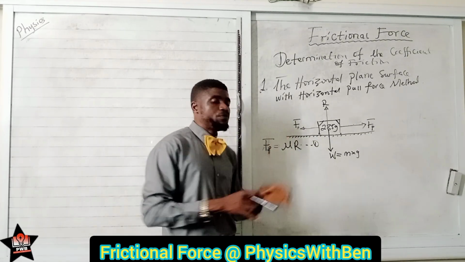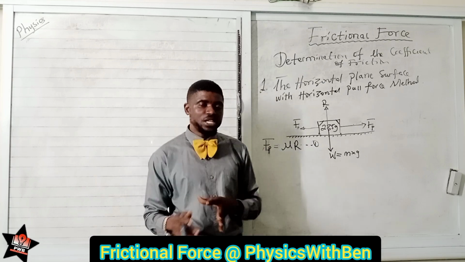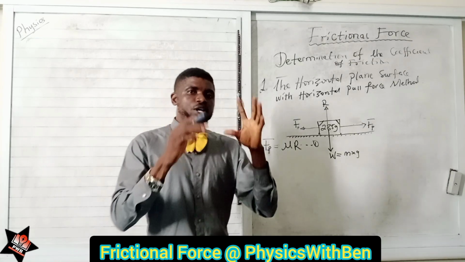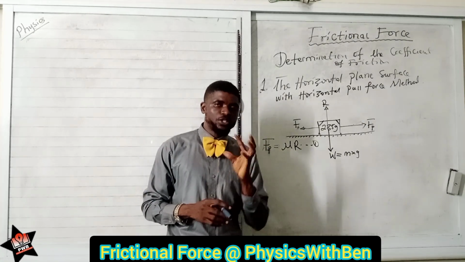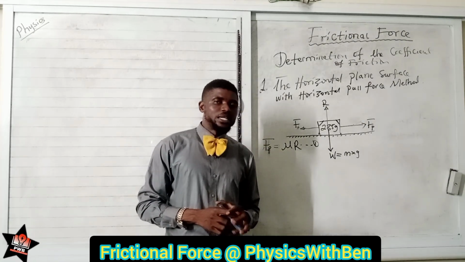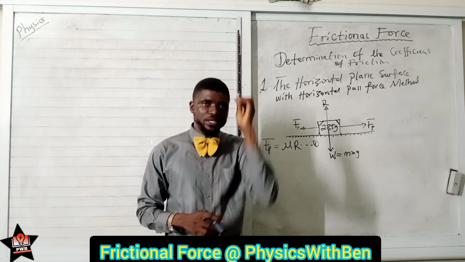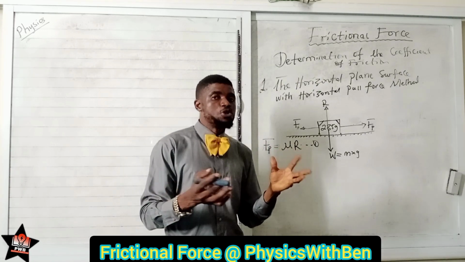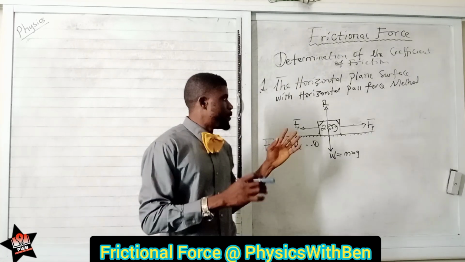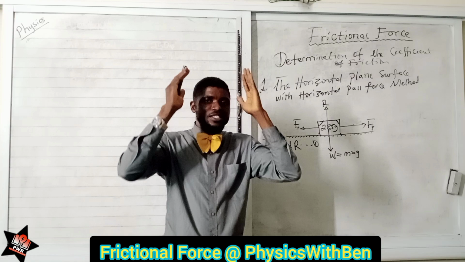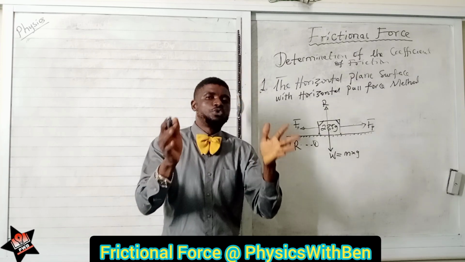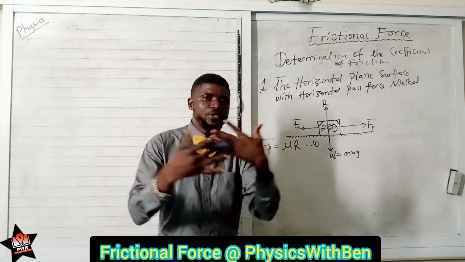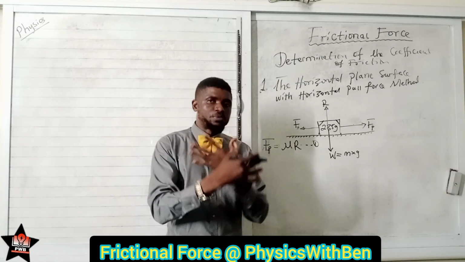There's a topic in physics called addition and subtraction of vectors. We said in that topic that vectors are added and subtracted using the geometrical method. What those rules are saying is that if vectors are acting in the same direction, you add them up. If vectors are acting in opposite directions, you subtract them.